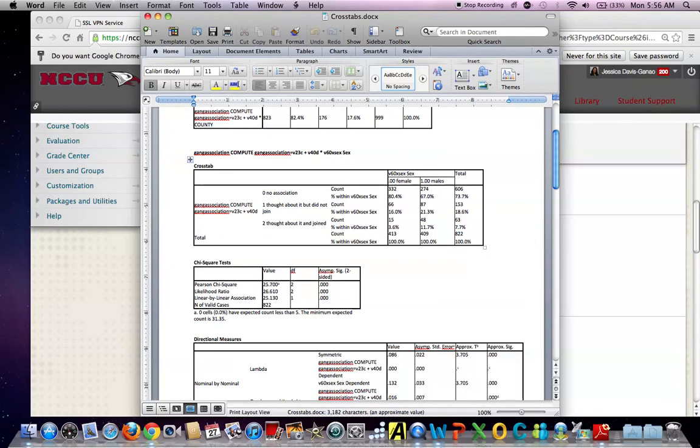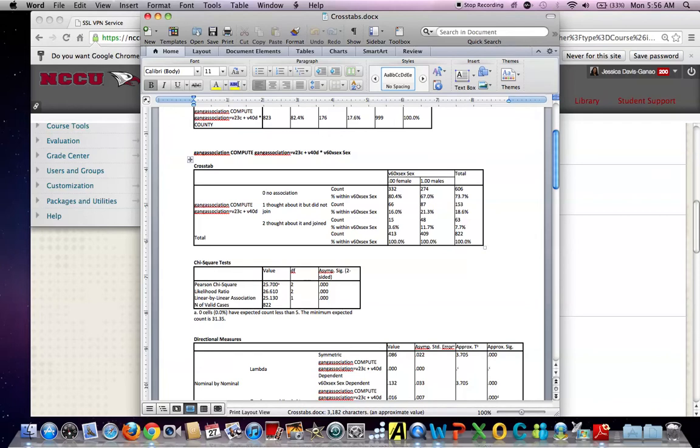This first table is used. What you're basically looking at is the relationship between gang association, the computed gang association, and sex or gender. So your variables are gang association and sex.